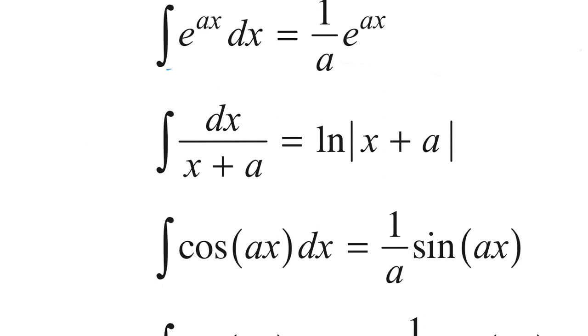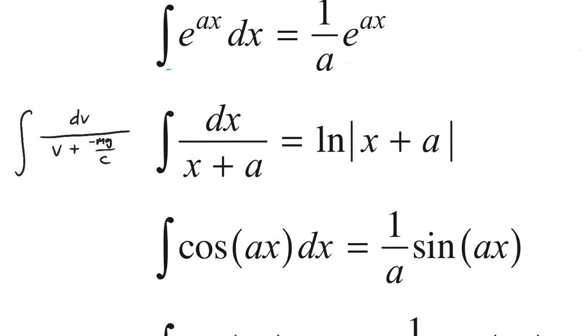So on the left side, our original integral is dv over v plus negative mg over c. That's what our integral looks like.